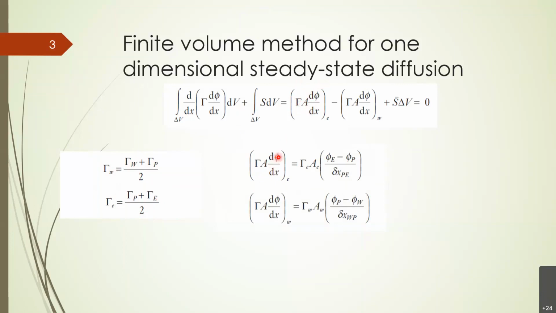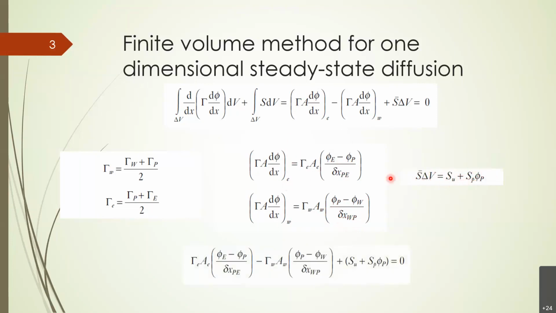Gamma A d theta over dx at the e point, we can represent as gamma e Ae, theta E minus theta P, over delta x PE, and the same thing for the w point, gamma w Aw, theta P minus theta W, over delta x WP. And for S bar delta V, we can represent it as Su plus Sp theta P.